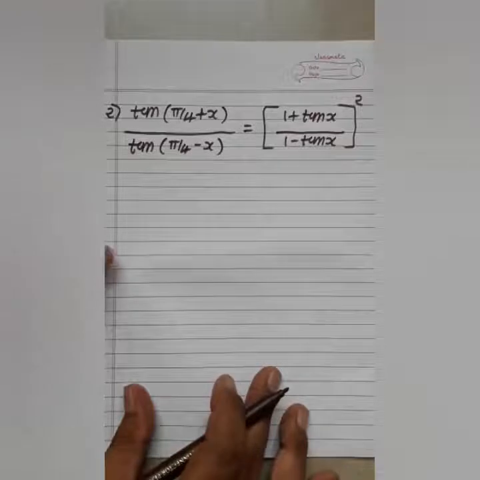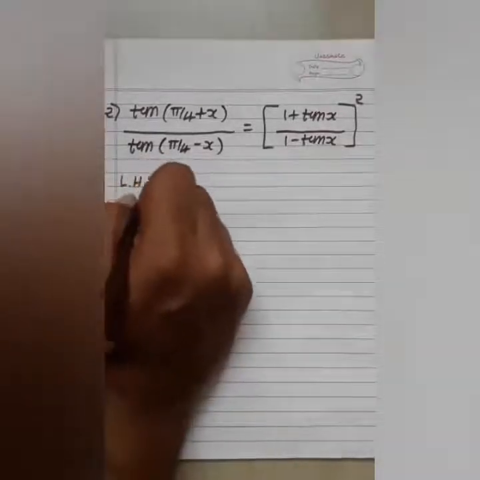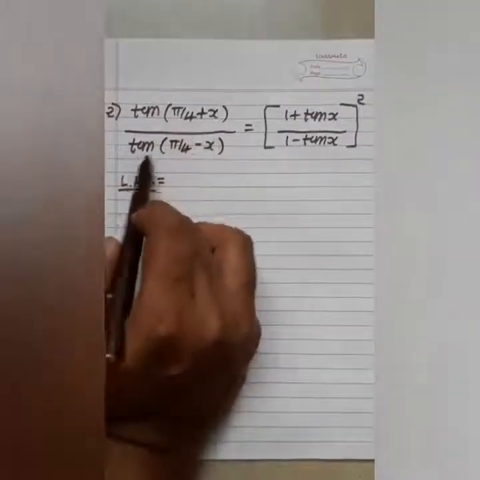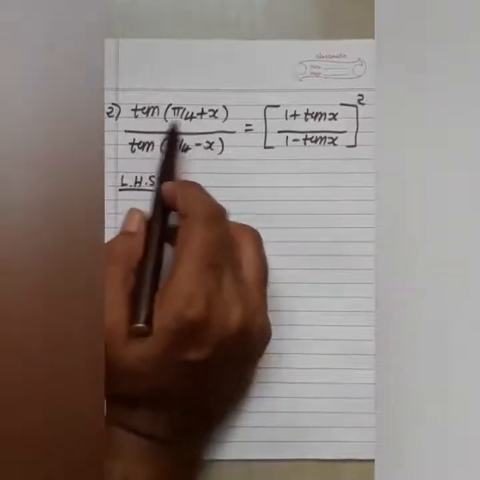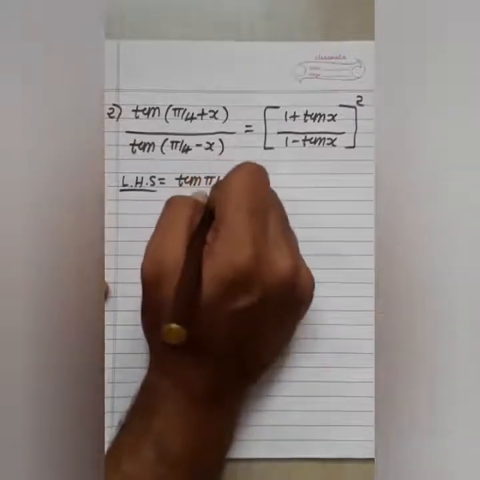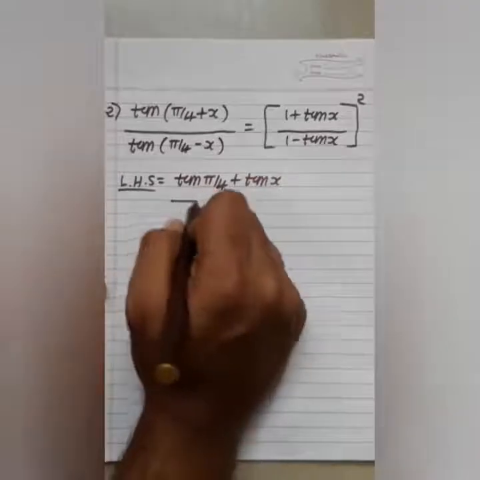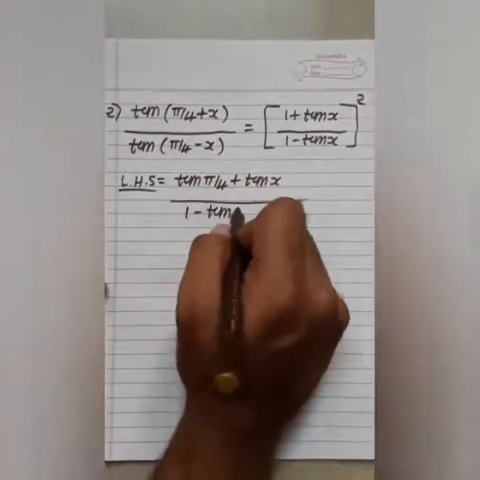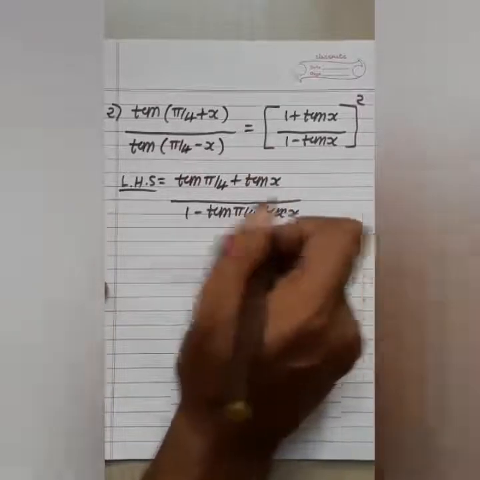So again, start from the LHS side. In the LHS, first of all, tan(pi by 4 plus x) upon tan(pi by 4 minus x). Here apply the identity, tan pi by 4 plus tan x upon, in the denominator term, 1 minus tan pi by 4 into tan x.